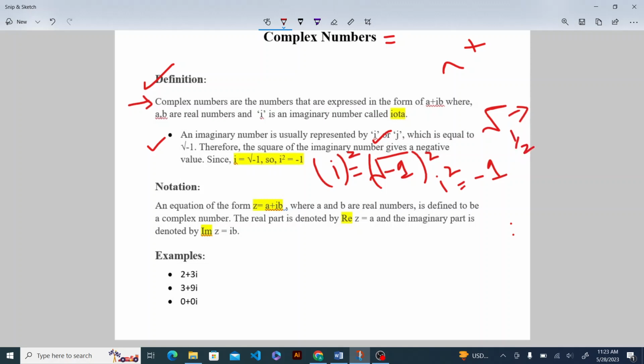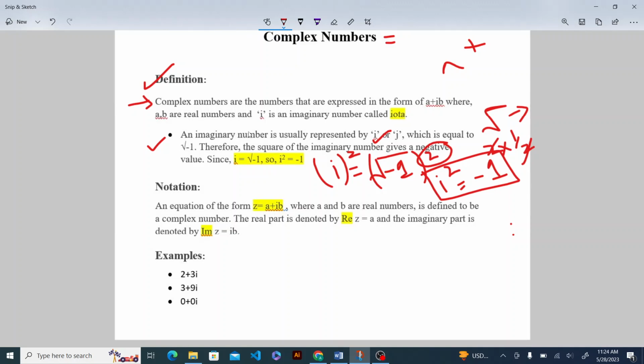So when this 1 upon 2 is multiplied by this 2, the square, they cancel out the effect of each other and only 1 will remain. So this will produce i square or iota square equal to minus 1. Okay, so this was about imaginary numbers.